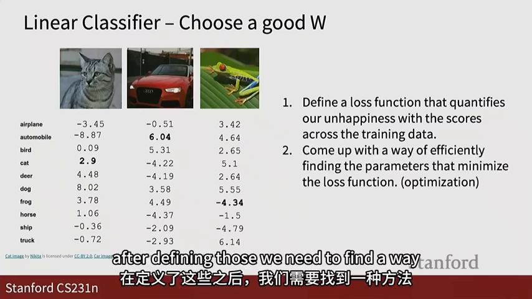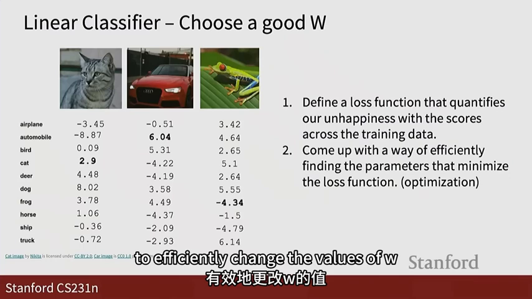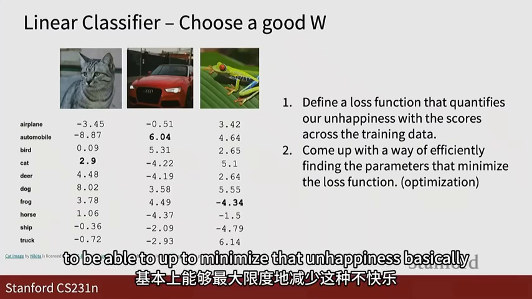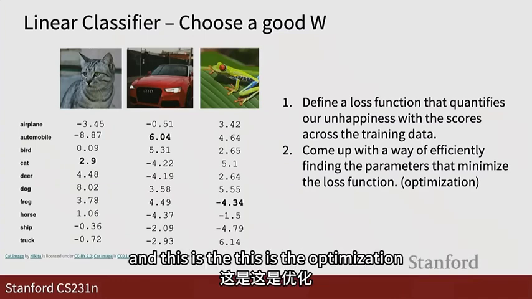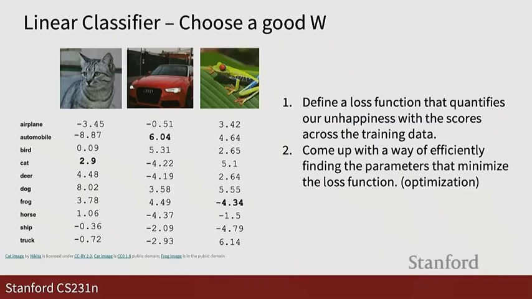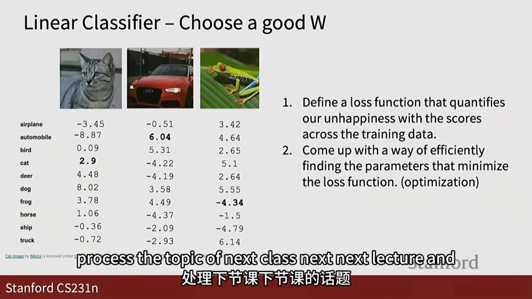After defining those, we need to find a way to efficiently change the values of W to be able to minimize that unhappiness, basically minimize the loss function. And this is the optimization process, so the topic of next class, next lecture.